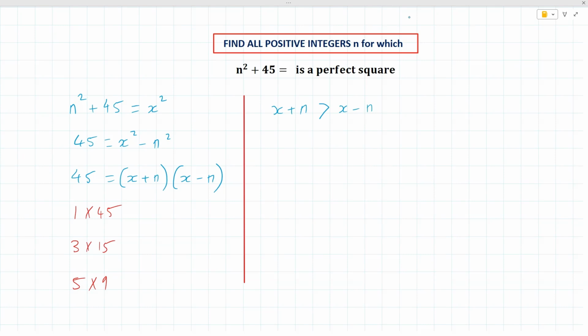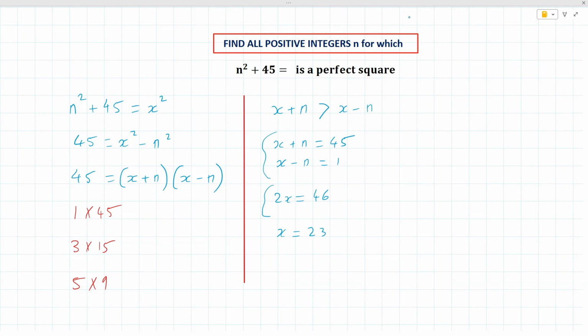So we can say, for example, that x plus n would be equal to 45, while x minus n is equal to 1. This is a good way to start with the first pair, 45 and 1. Using simultaneous equations, you can add the two lines to each other, and you get 2x equal 46, which leads you to the answer x equal 23.